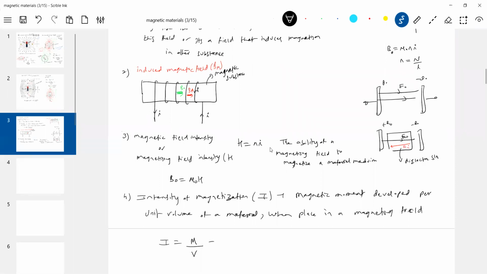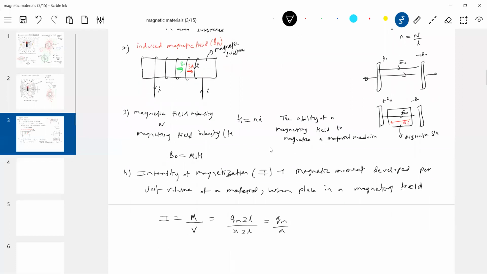So the magnetic moment we can write as Qm into 2l, similar to a bar magnet, and the volume will be A into 2l.